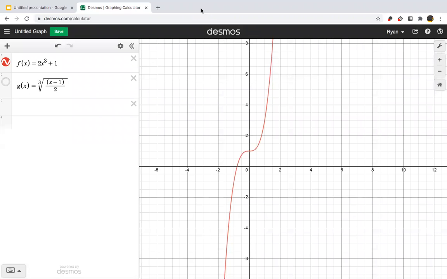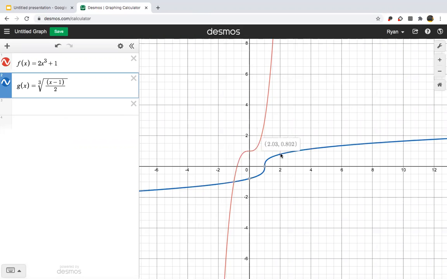All right, so now we are over on Desmos, and you'll see right now in red, you're looking at our f of x function, which was 2x cubed plus 1. And then now I will hit with my mouse also the g of x function, which is the cube root of x minus 1 over 2. And notice that there's something going on here. What if I look at a particular coordinate? What if I look at this one here? This is 2, 0.794.